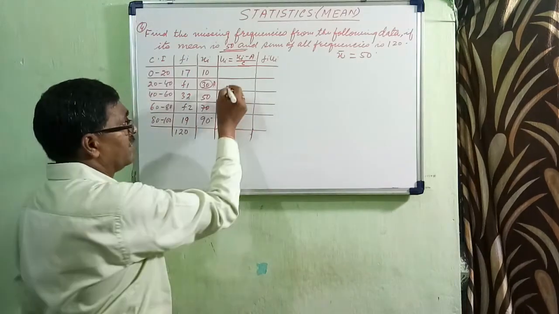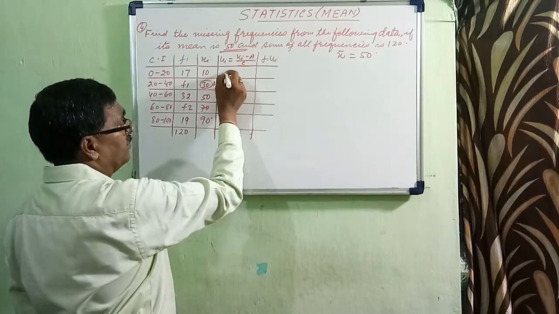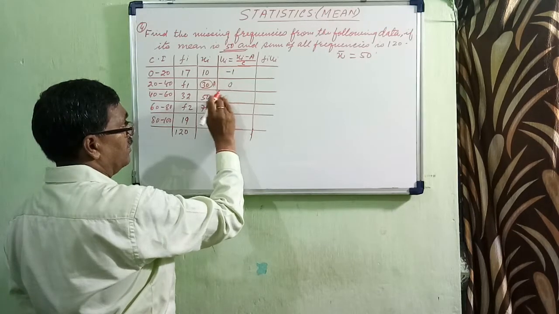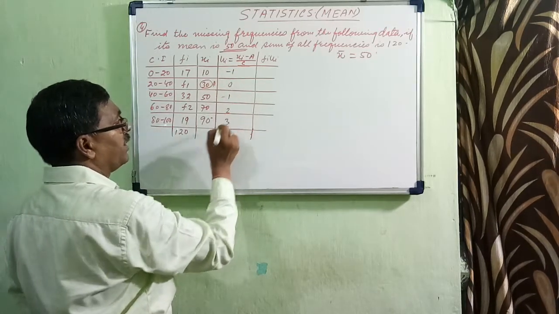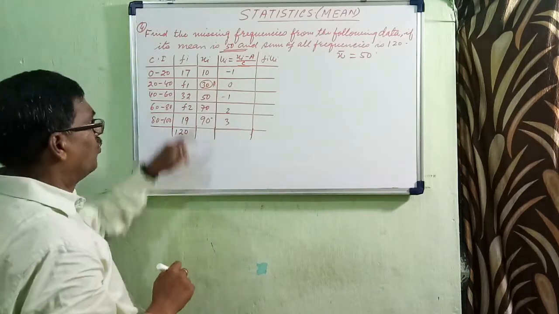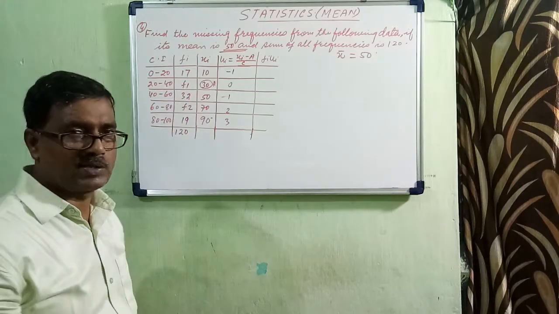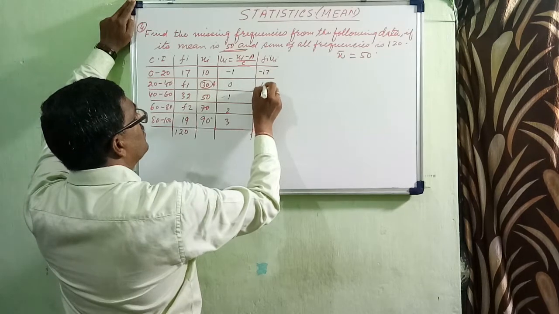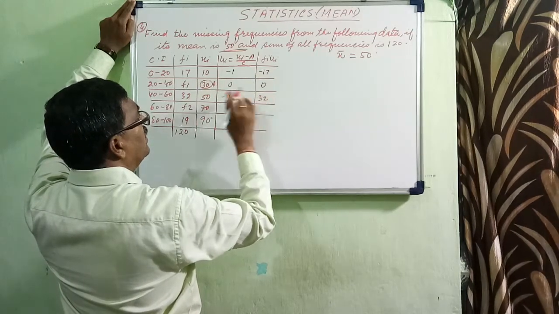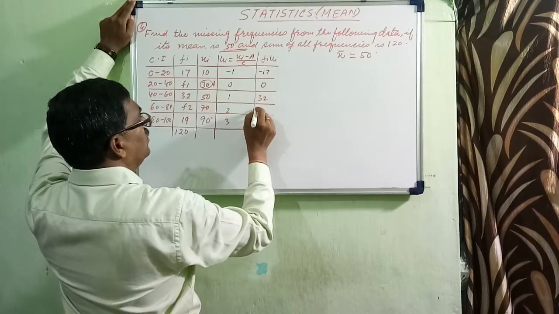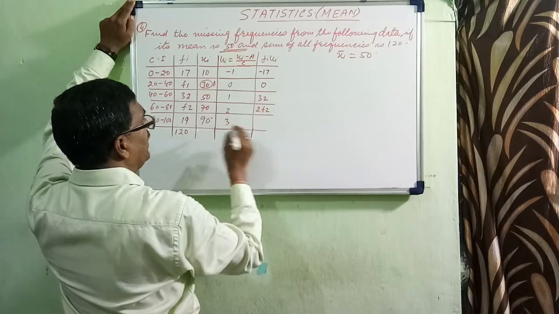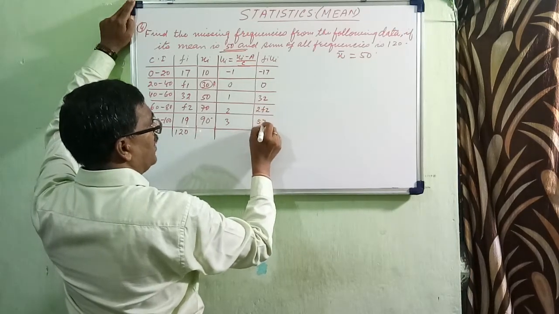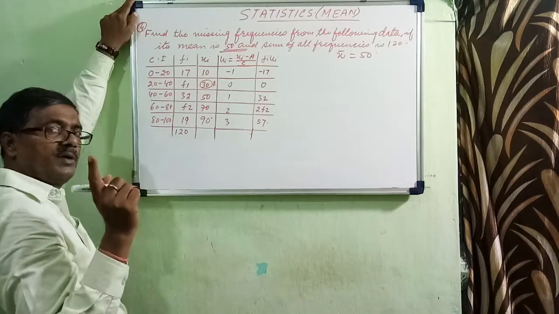And then what is the corresponding Ui? 0, minus 1, then it will be 1, 2, 3. What is the benefit? One of the variables will vanish. And so it will be minus 17, 0, 32, 2F2, 57. There are two equations.